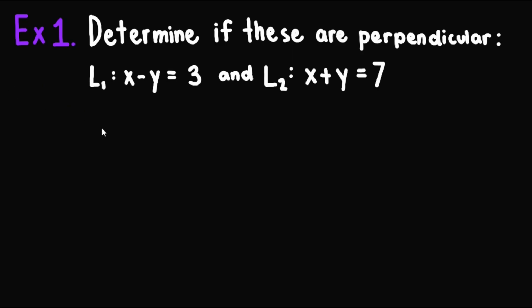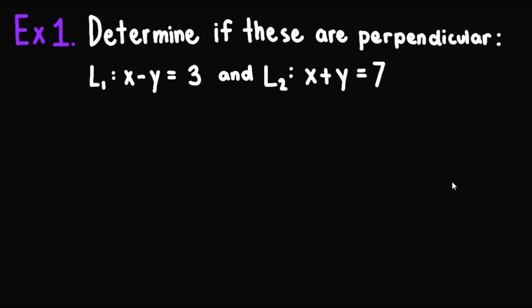In here, our goal is to determine if these two lines are perpendicular. We have x minus y equals 3 and x plus y equals 7. Feel free to pause this video so that you can try this example on your own. Good, let's now start.